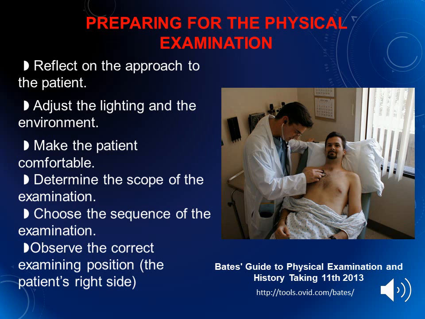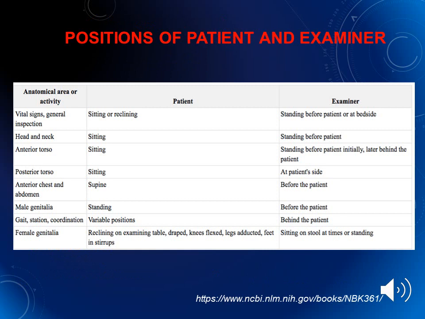The next and last one is to observe the correct examining position. Examine the patient from the patient's right side. This is the most commonly used position. As I mentioned, position of patient and examiner are very important factors for successful examination, as the environment affects the quality of physical examination.